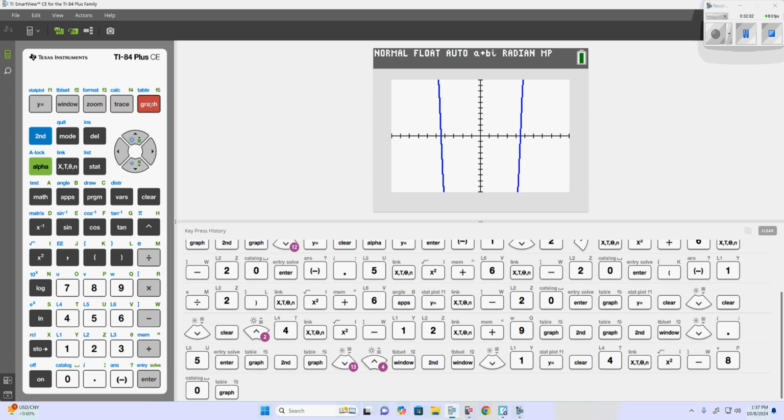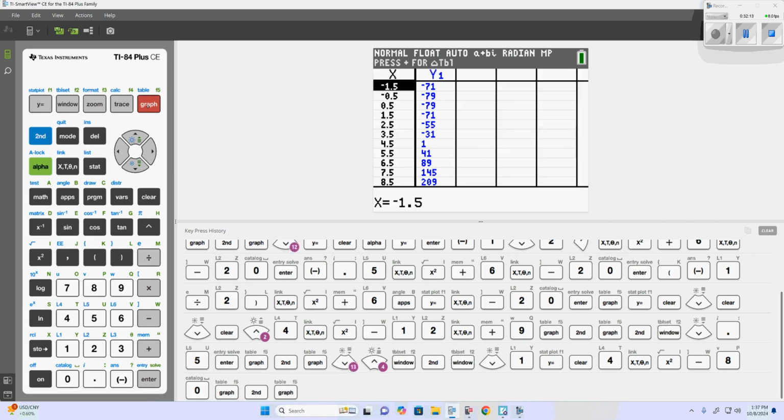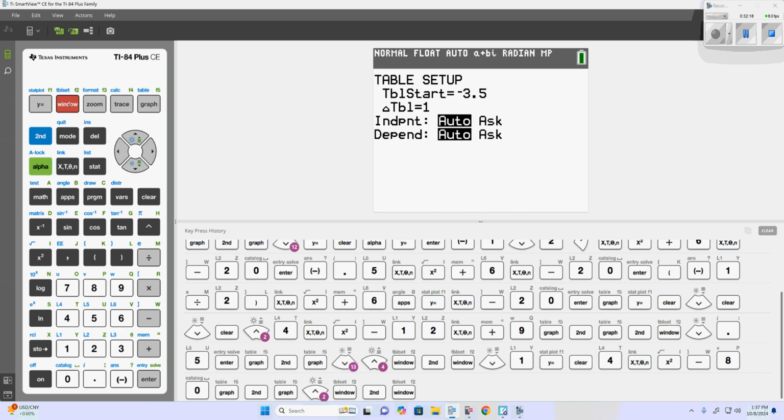We see that this does cross the graph at 2 spots, yes? Do they look like nice intersections? Really? Because if I look at the table, table set, I want to start at 0.